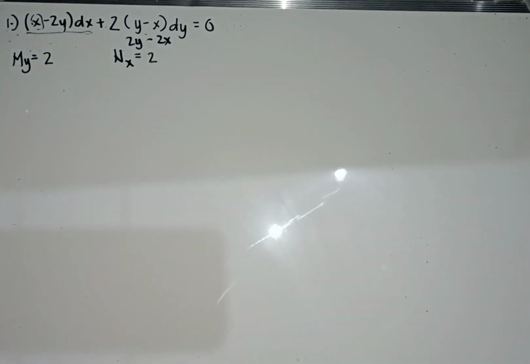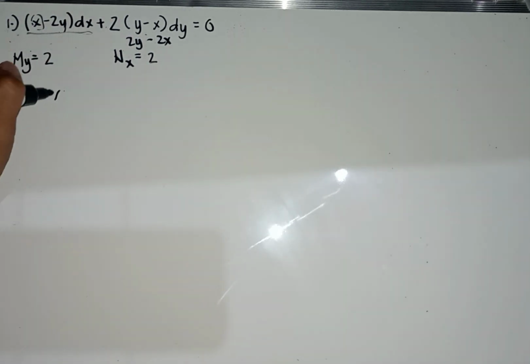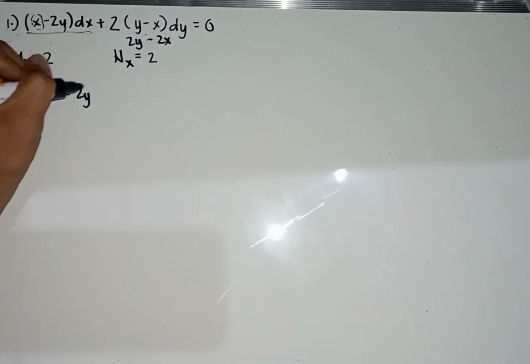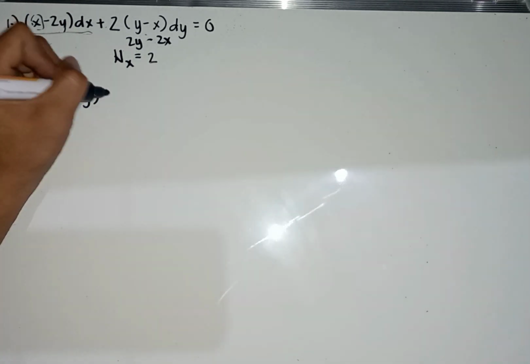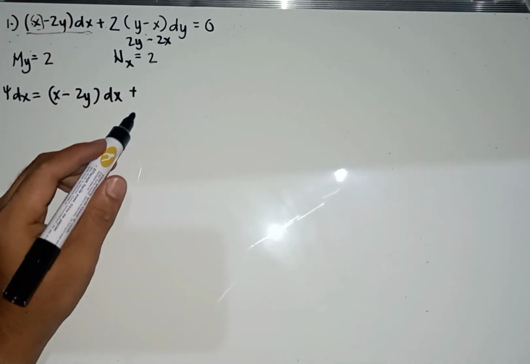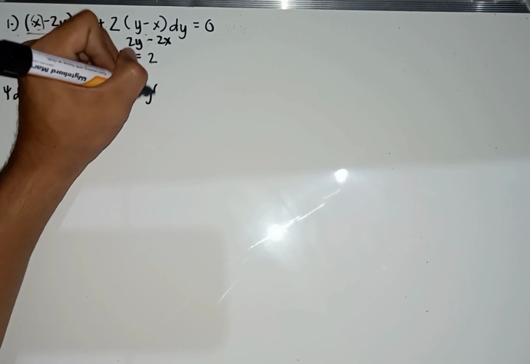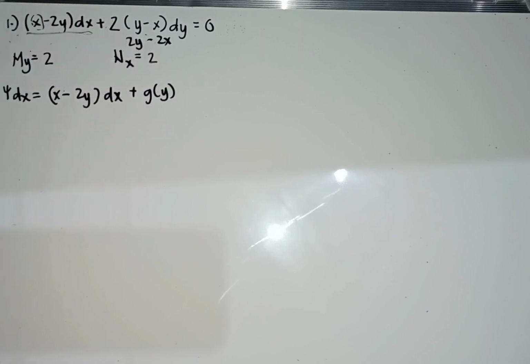So we're gonna have to solve for psi. The partial of psi with respect to x is equal to our M dx, which is x minus 2y dx. We're gonna add g of y here, which is imaginary, just for decoration at this time.